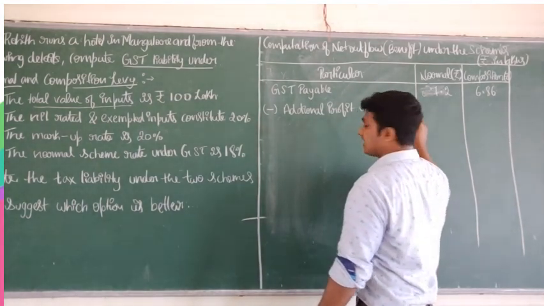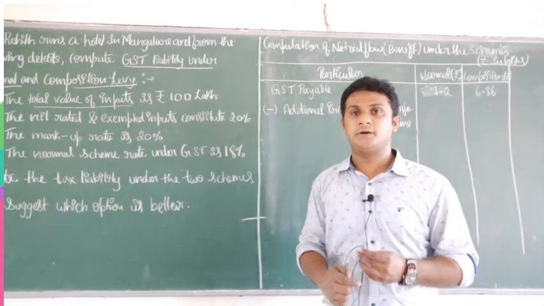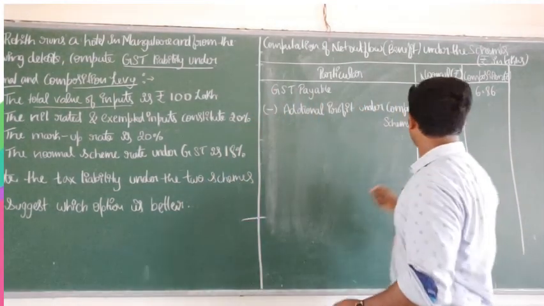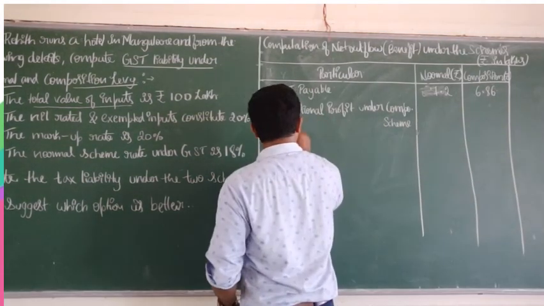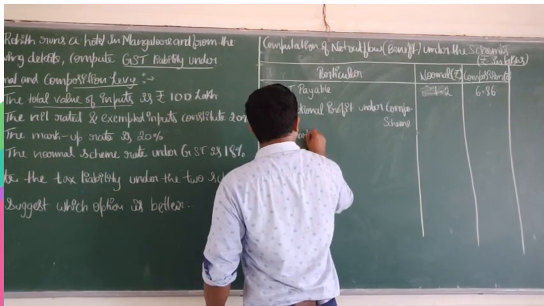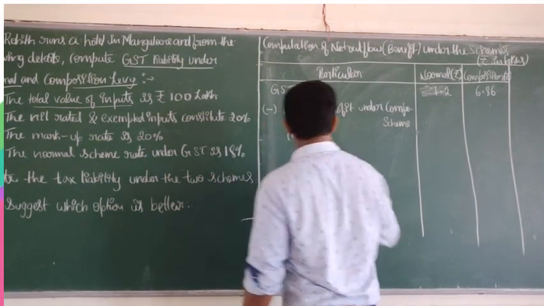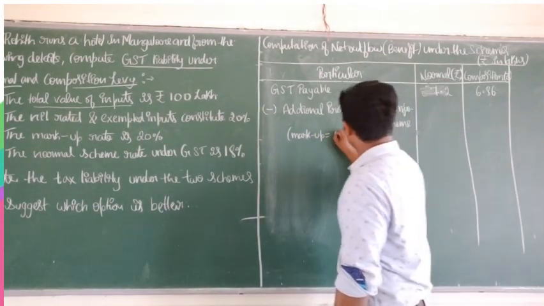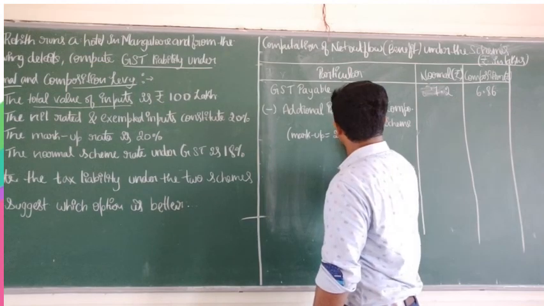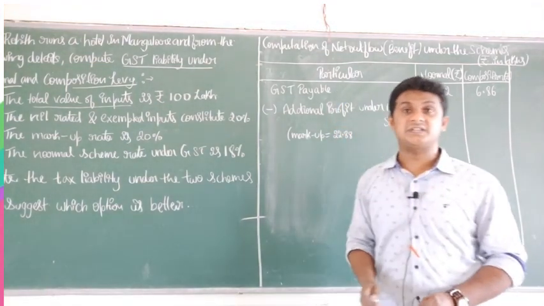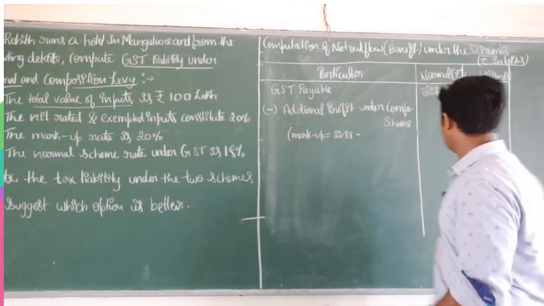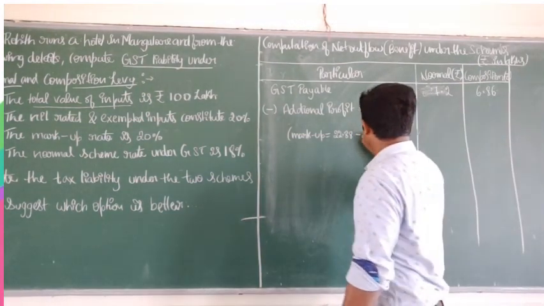So this value can be referred from the markup value which we have calculated. The markup value is nothing but the profit. Under composition scheme it is 22.88 lakhs, whereas under normal scheme it was around 20 lakhs.